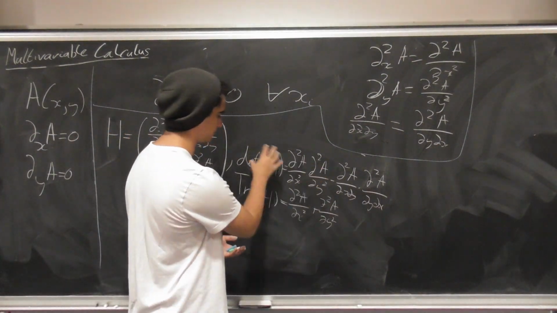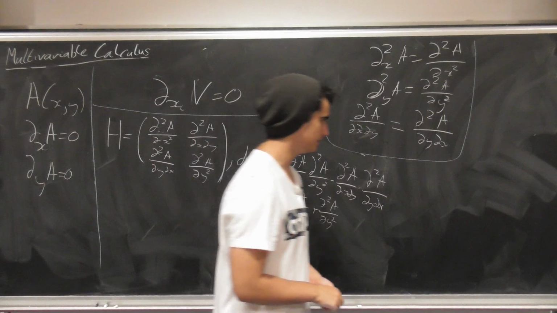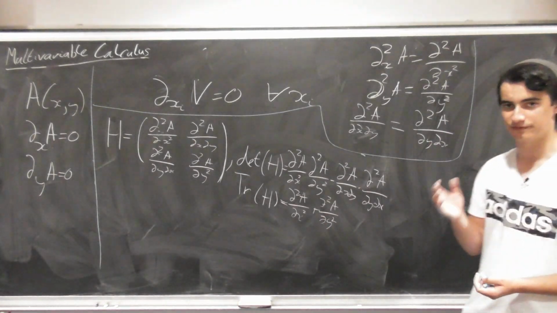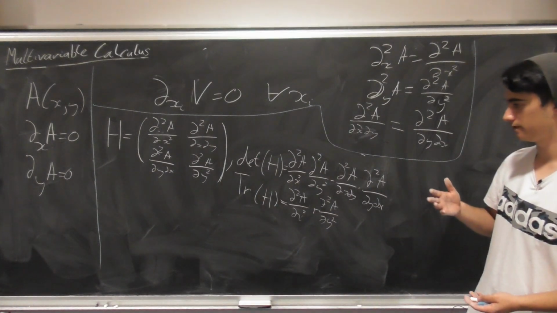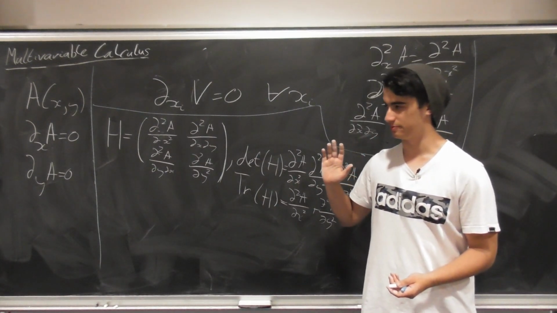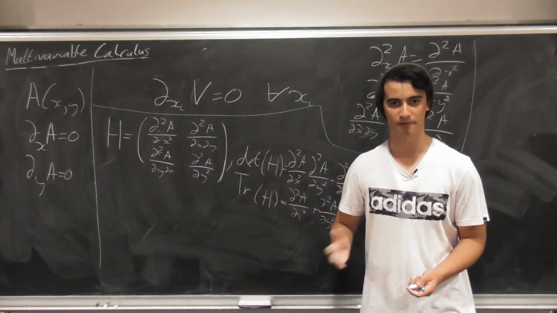Okay, so now that we have our determinant and our trace defined, this is where we figure out if what we're dealing with is going to be a saddle point or a minimum or a maximum.